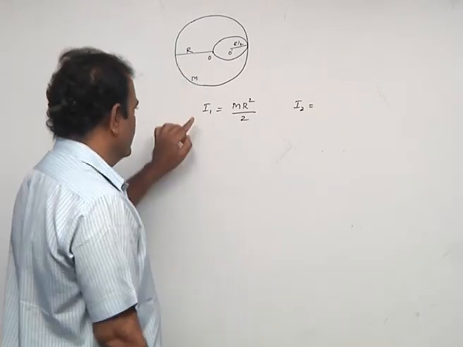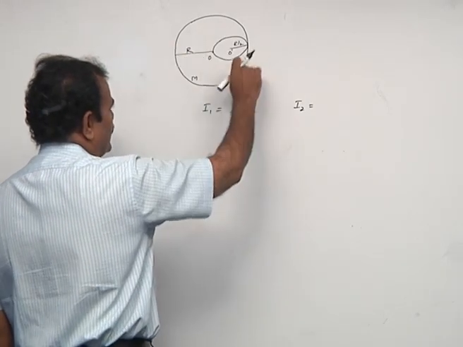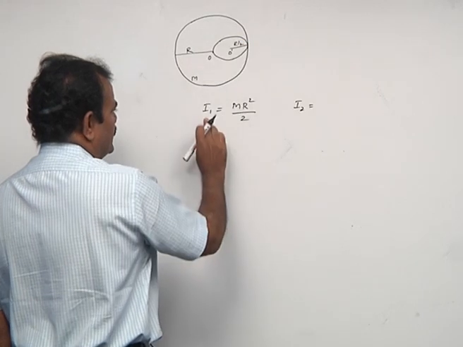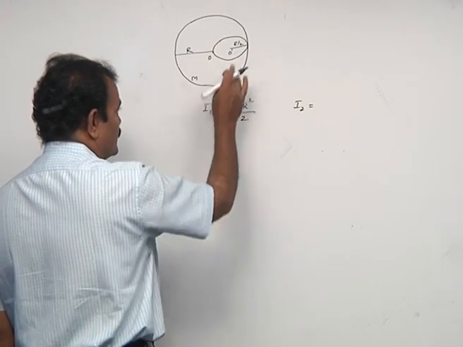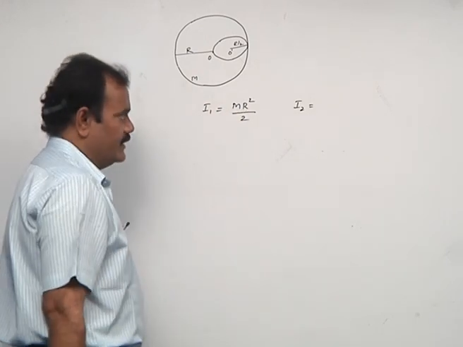Once again I tell you. First of all, this is the moment of inertia of that entire disk, without considering that hole, so there is no such hole. So I1 is equal to mr square by 2 in that case.